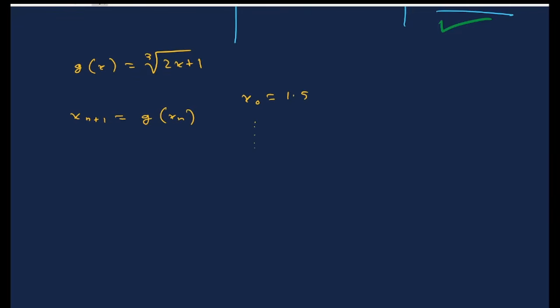So by using our analytical methods or our calculators, we can calculate x1, x2, and so on, and see where we finally reach and get the exact or approximate root of the given f of x.